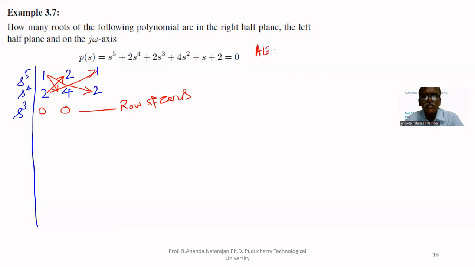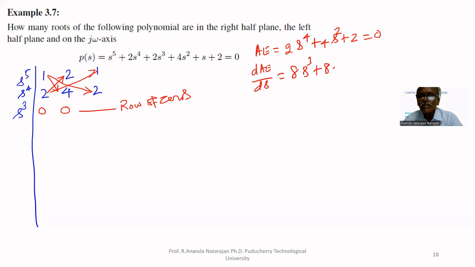The auxiliary equation is 2s power 4 plus 4s square plus 2 equal to 0. Therefore, dAE by ds equals 8s cube plus 8s plus 0, or we can write s cube plus s equal to 0. That is, the coefficients of s cube are 1, 1.